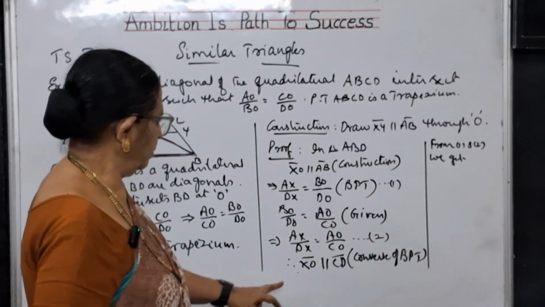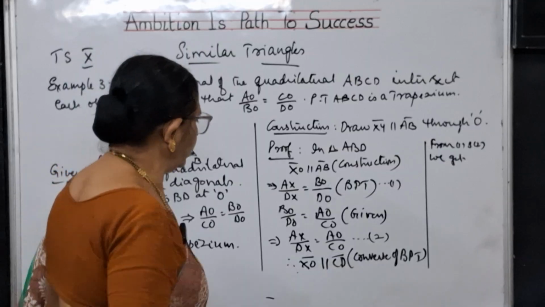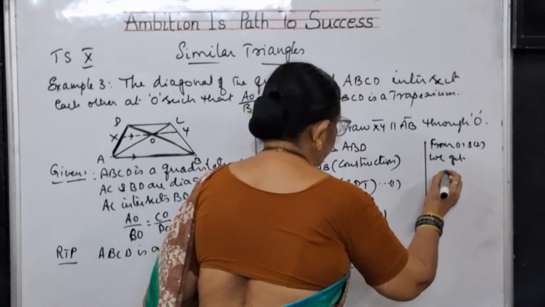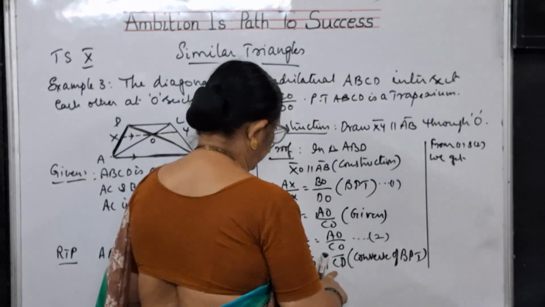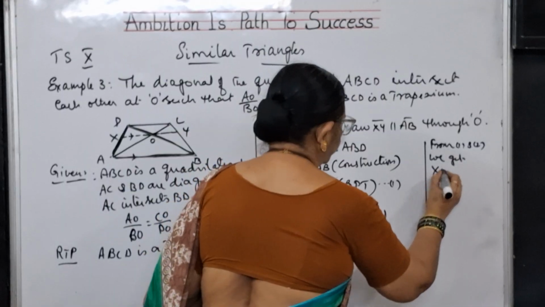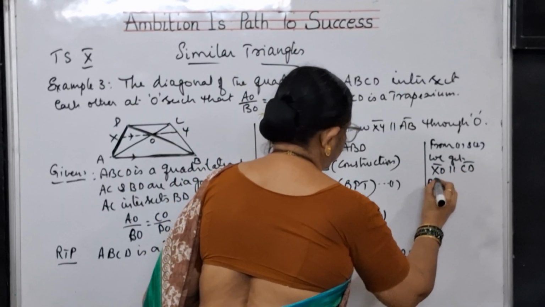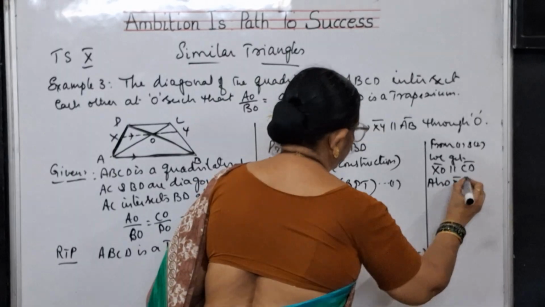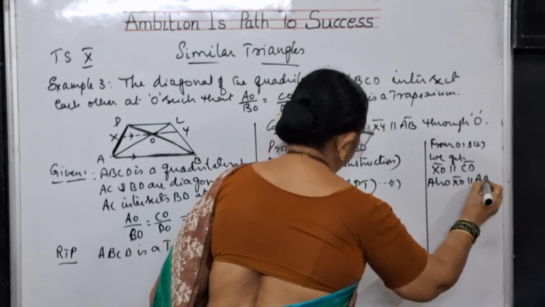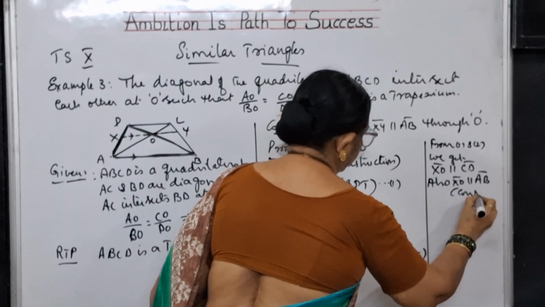From 1 and 2 we get XO is parallel to CD. Also XO is parallel to AB. This is our construction.